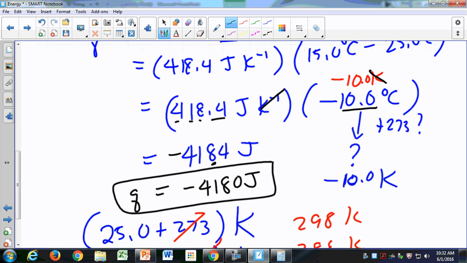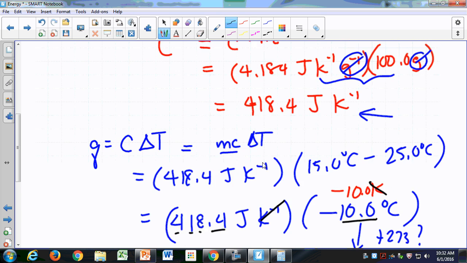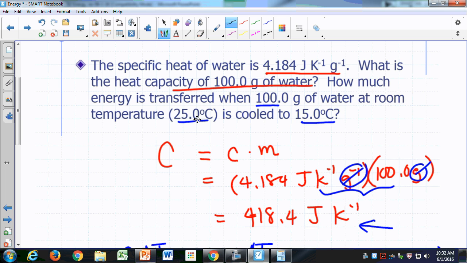That's key. What does a negative value mean? Heat went in or out of your system? Okay, so when your water cooled from 25 to 15, energy went out of your water. So the atoms in your water become more sluggish. They lose kinetic energy when heat flows out of your water.